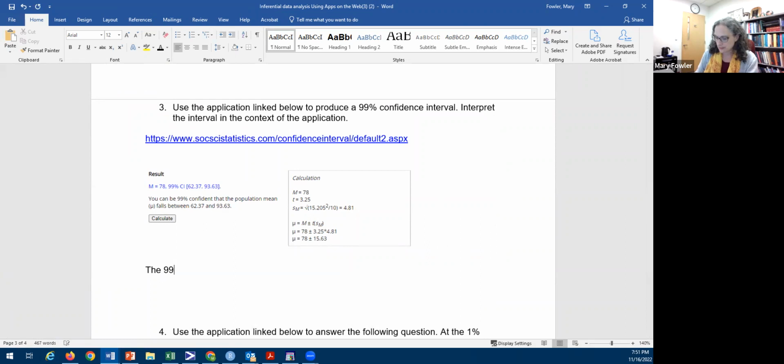So the 99% interval is, and it's given in both of those locations, the lower bound 62.37. The upper bound is 93.63.